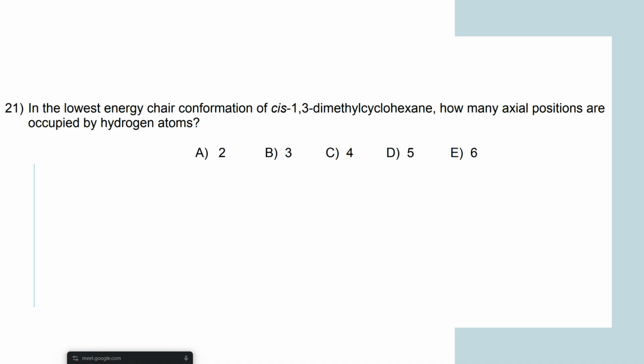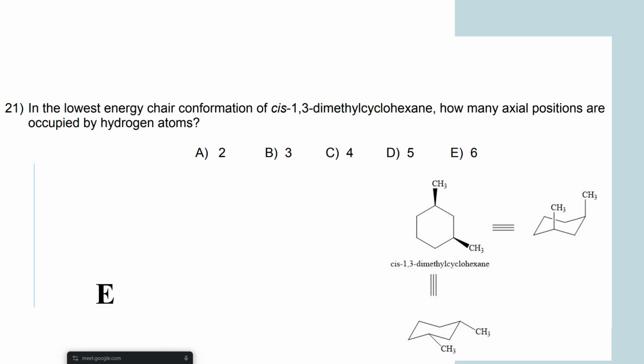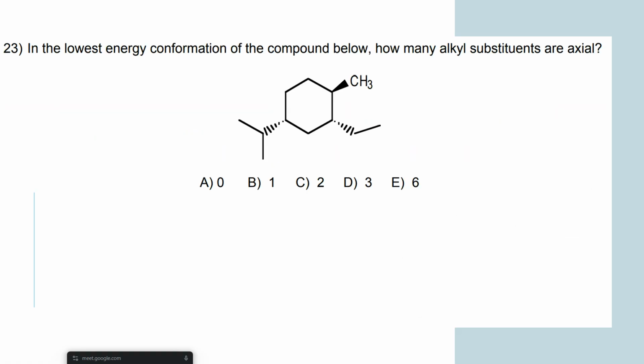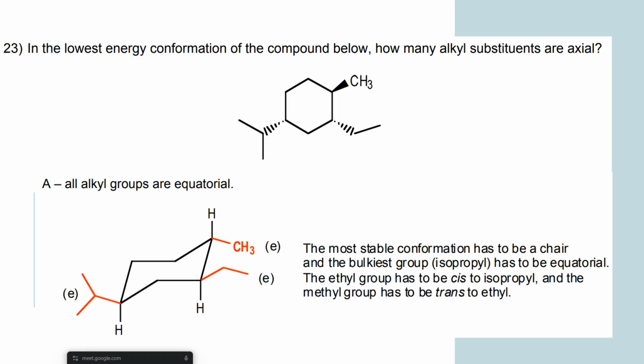And we had also tried to draw the cis-1,3-dimethylcyclohexane, and we figured out how many hydrogen atoms in total are present in the axial position. Then we also tried to draw the most stable conformation of this cyclohexane ring having 3 different substituents.